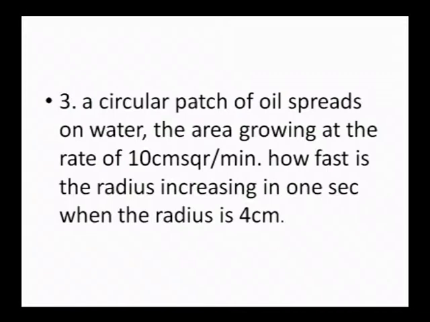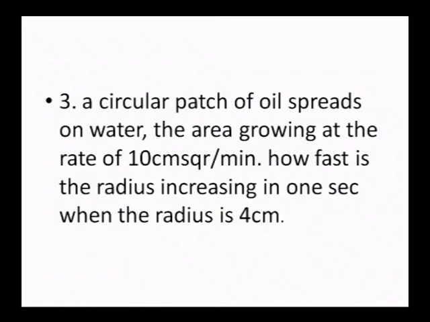Look here friends, first you read the problem twice or thrice. A circular patch of oil spreads on water. You have seen that, you have experienced that. When you put oil on the water, it spreads in a circular form. The area is growing at the rate of 10 square centimeter per minute.